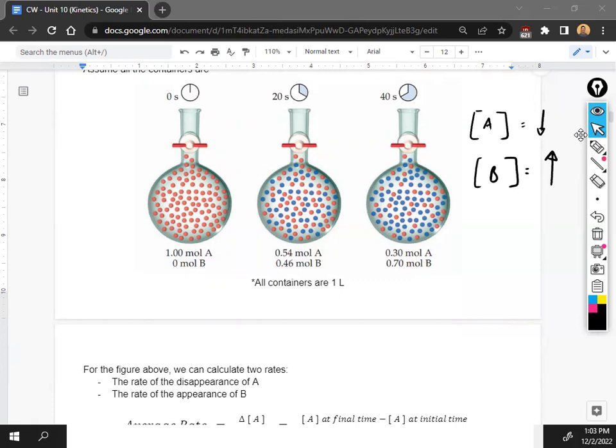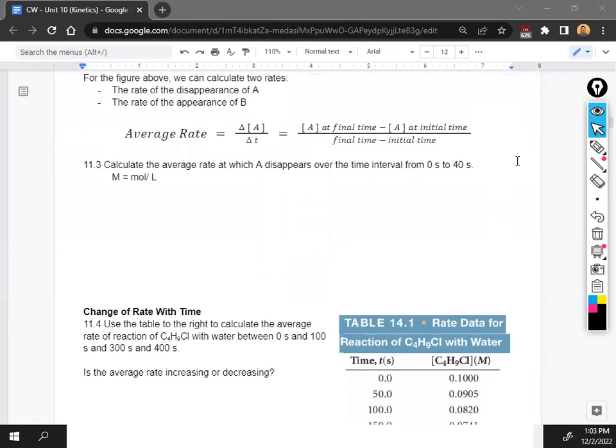Now, given this information that we have, we can calculate the rate, or the molarity per second, at which A disappears and B appears. So there are 2 rates going on, A disappearing and B appearing, okay? And the way that we can calculate that is using this formula right here. The average rate in a reaction is going to be delta, the change in the concentration of something, divided by the change in time.